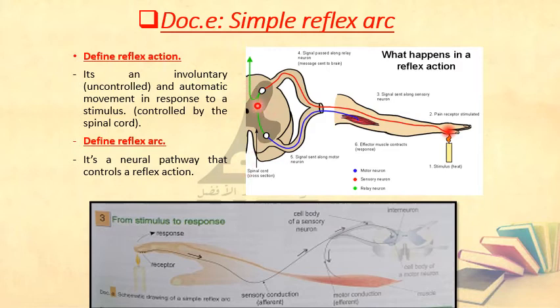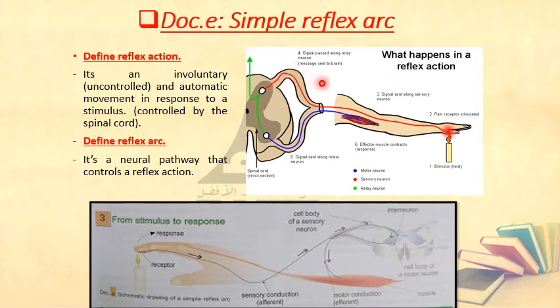And the pathway of the nervous message that takes place during a reflex action, we call it a reflex arc, and it corresponds to the pathway of the sensory message that takes place along the sensory neuron. And today we found out its location.